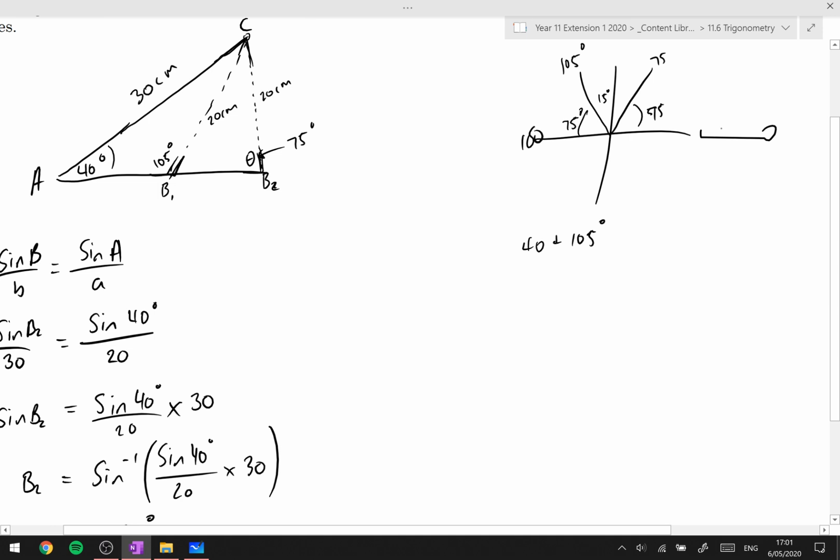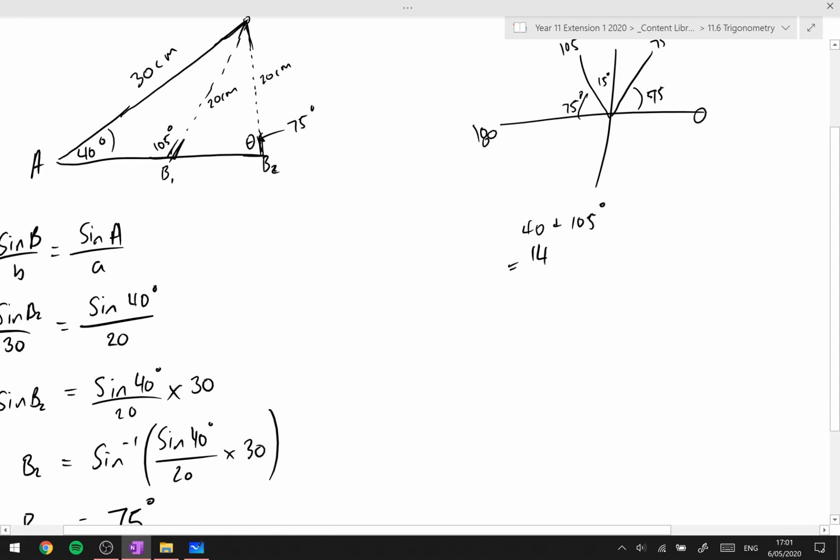So we just need to make sure that the second one, 105, actually fits in. 40 plus 105 makes 145. So what does that leave us for our second one? Our second C value must be 35 degrees then.